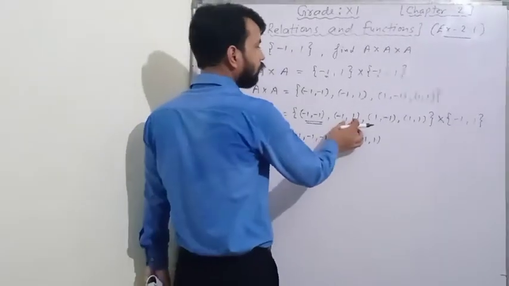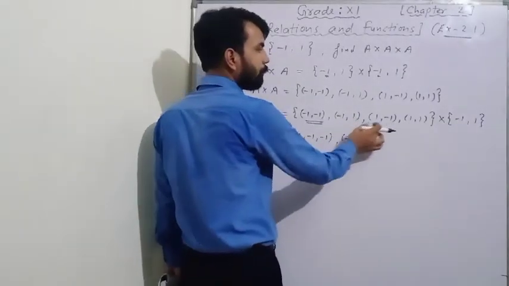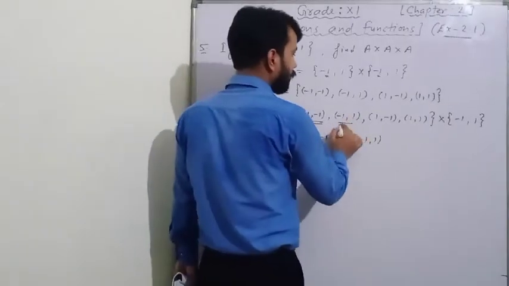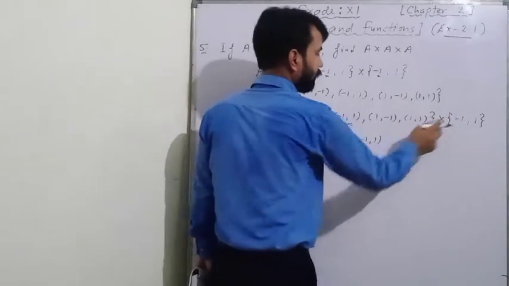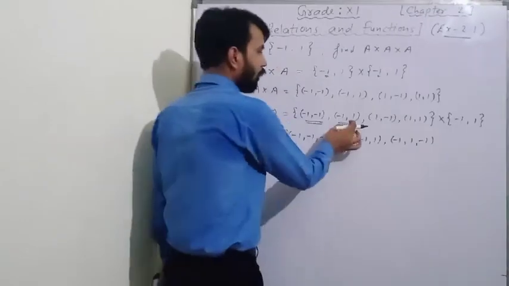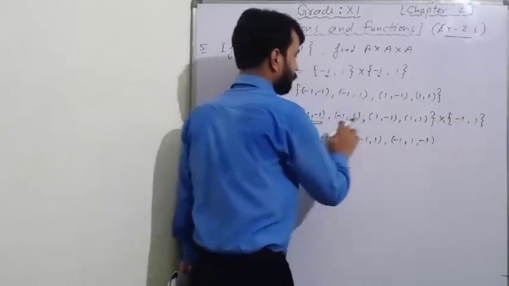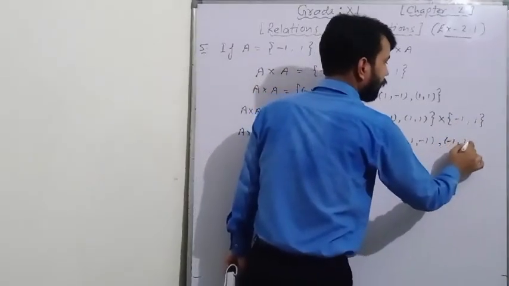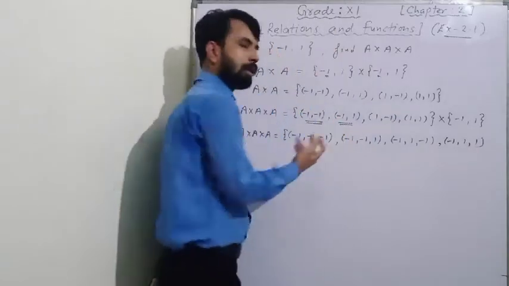Now we will do the same process with this ordered pair, this ordered pair and this ordered pair. So I am taking this: (-1, 1, -1) and (-1, 1, 1). So this ordered pair is completed.